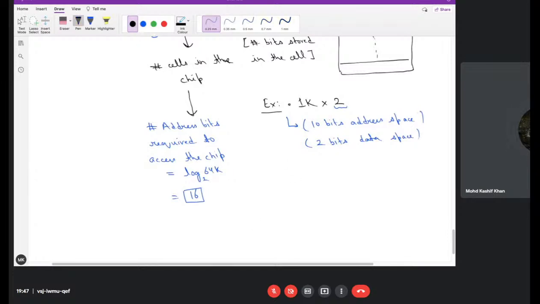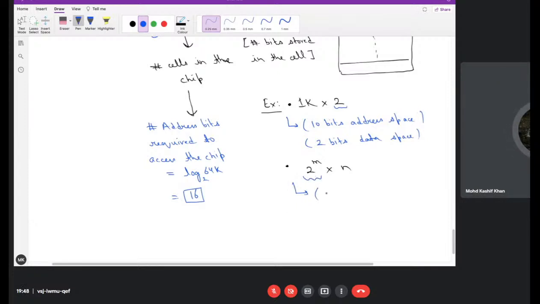Now take another example. Suppose they have written the configuration like this: 2 to the power m cross n. Then what will be the address space and data space? You know that you have to take the log of this, then you will get the address space.